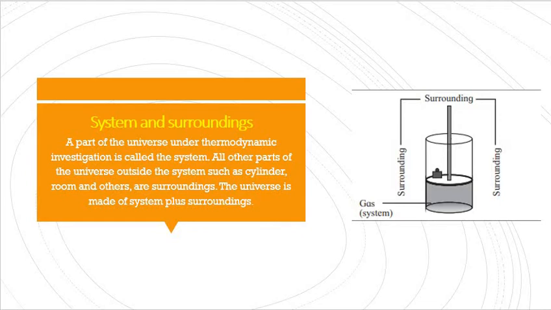So this gas is the system, and the part of the universe under thermodynamic investigation is called the system. This is the definition of system. And all other parts of the universe outside of the system, like the cylinder, the room temperature, the surroundings, everything is called surroundings.